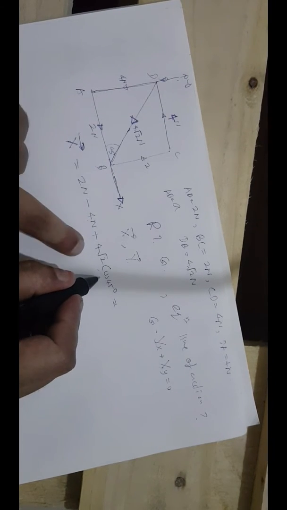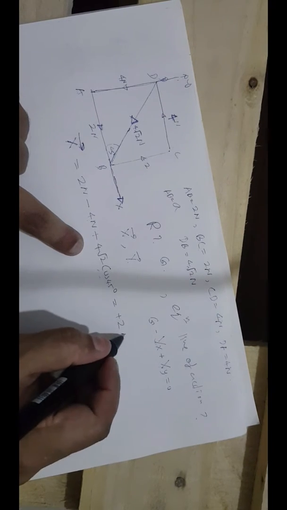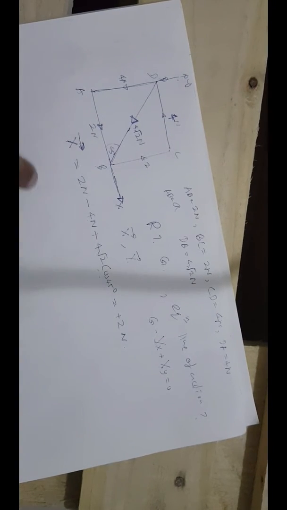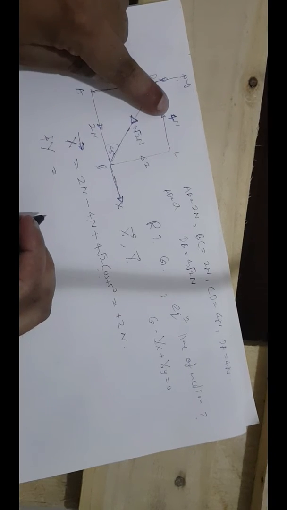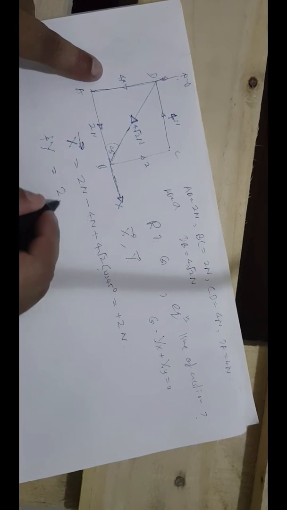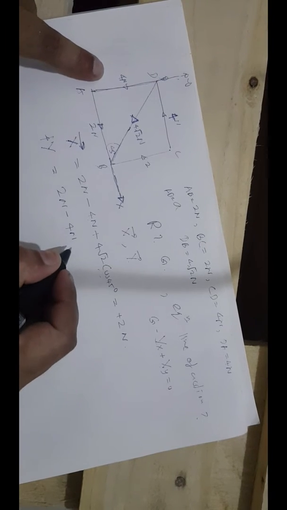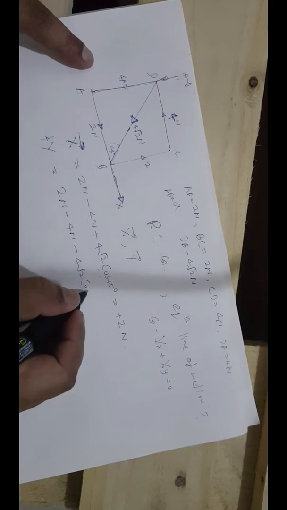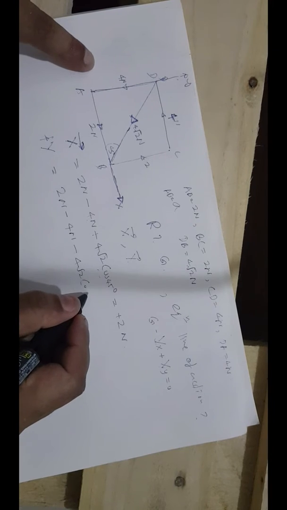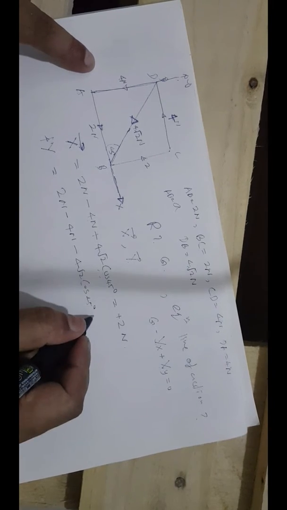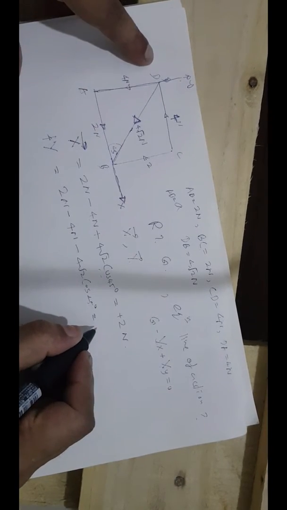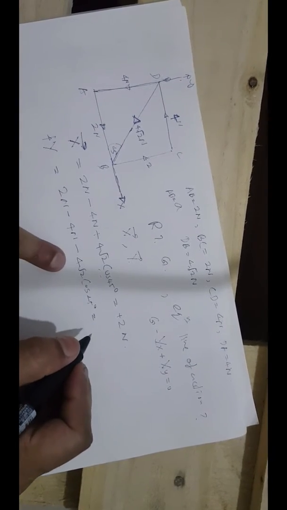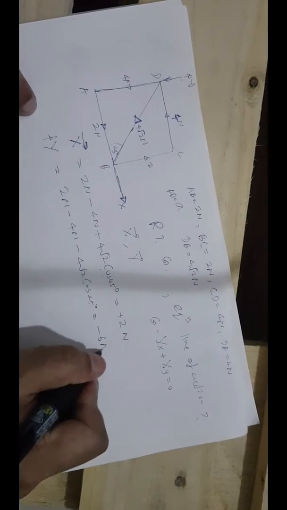So minus 2 plus 4 gives plus 2 newtons. In the Y direction, you can exclude 2 newtons here and 4 newtons there. You have 2 newtons minus 4 newtons minus 4 root 2 cos or sin 45, whichever you choose, it doesn't matter since this is 45 degrees. So this gives you minus 2 and minus 4, that gives you minus 6 newtons.